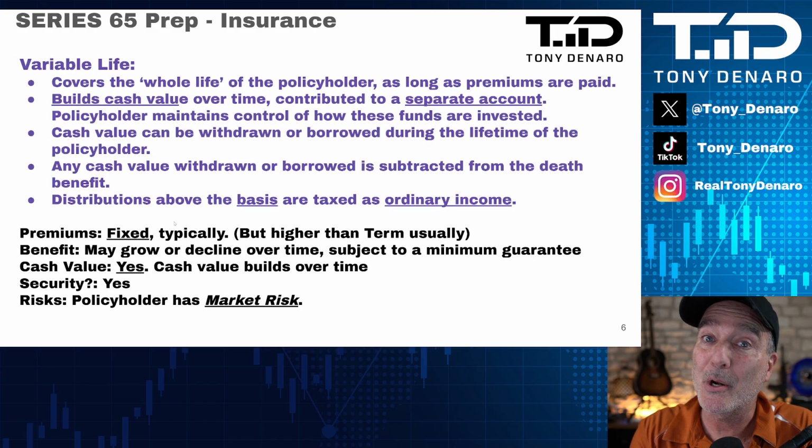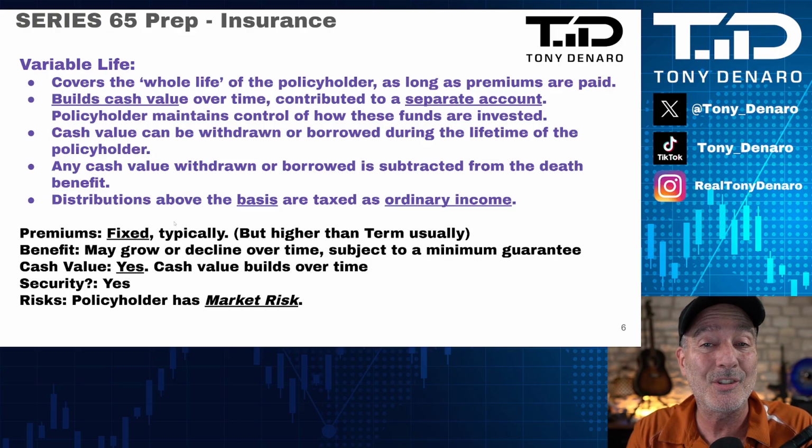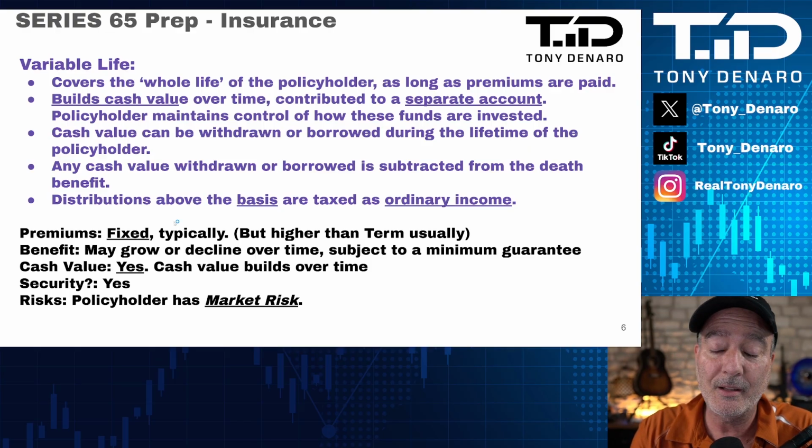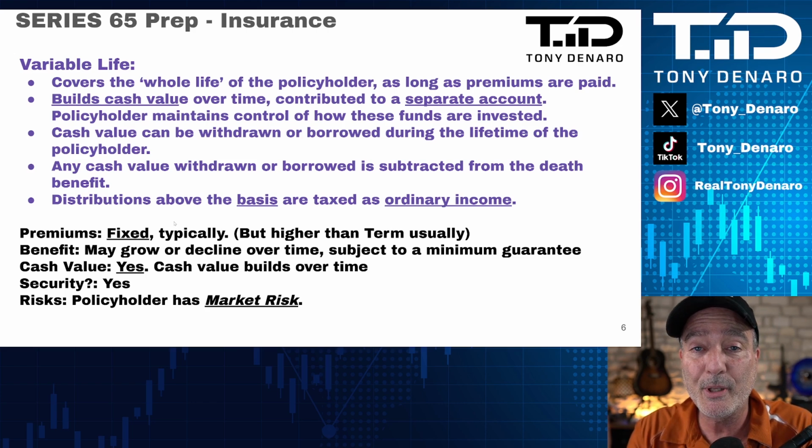Next up, we got variable life. Like variable annuities, there are some key things you need to think about when you hear the word variable. Like whole life, it does cover the whole life of the policyholder as long as premiums are made. But the difference being with this word variable, the cash value contributions are contributed to a separate account, not the insurance company's general account.